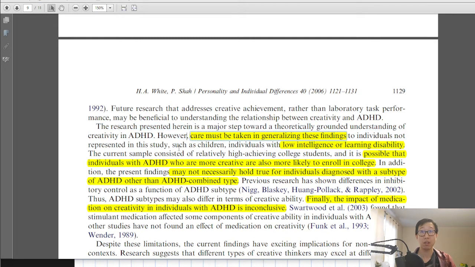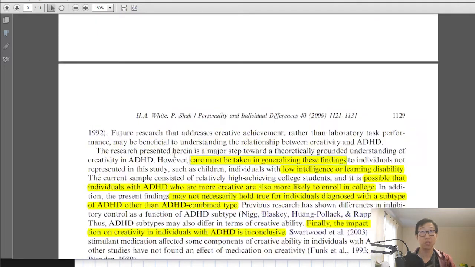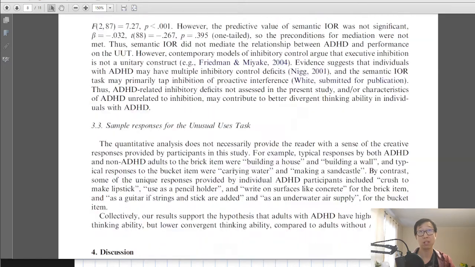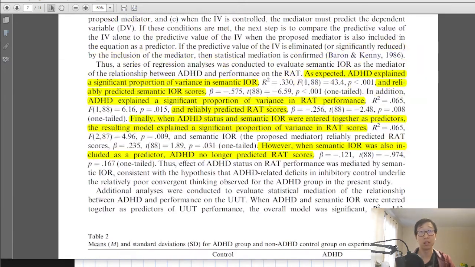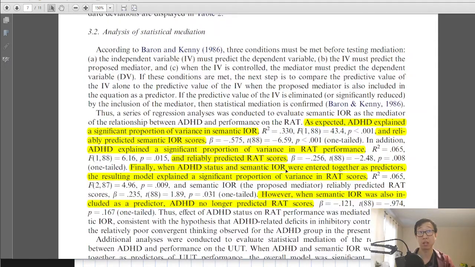Okay, and in their discussion, I really appreciate this. Again, another hallmark of a good paper, care must be taken in generalizing these findings, of course, and this is always true of any study. Care must be taken because these findings were done under very specific circumstances with a very highly controlled group, which, by the way, I trust these results a lot because of how much care they took in picking their subjects.